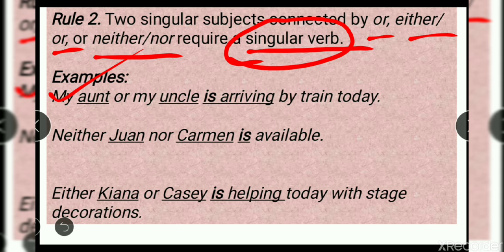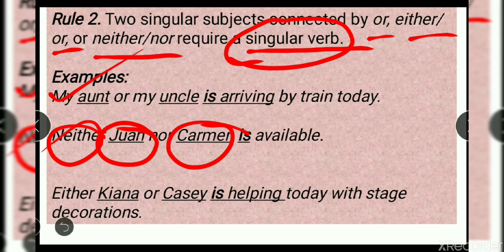So here we are talking of either this John or this Carmen, either of them, or here as per the statement, neither of them. Similarly, with the first example also, either my aunt or my uncle will be arriving by the train today.